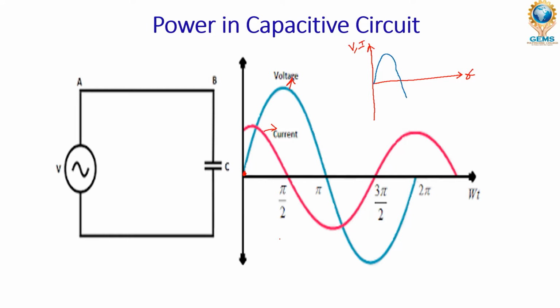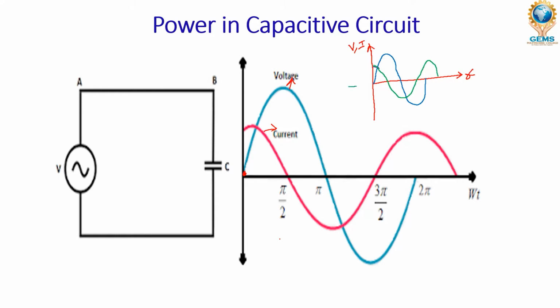This is the voltage waveform, and current here it mentioned like this. It is starting from here. Let me take green. Okay, it is starting from here and moving like this, and it is like this.